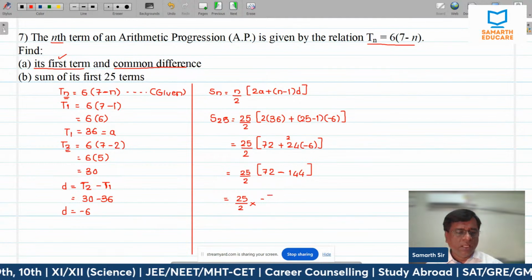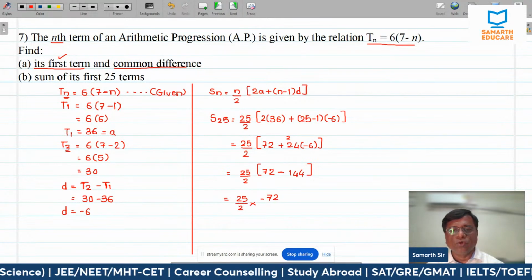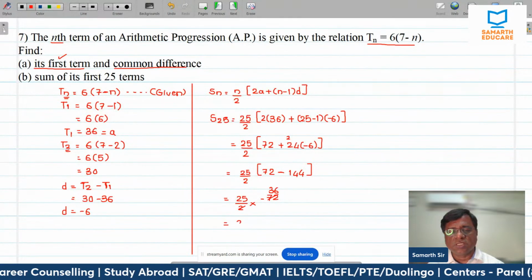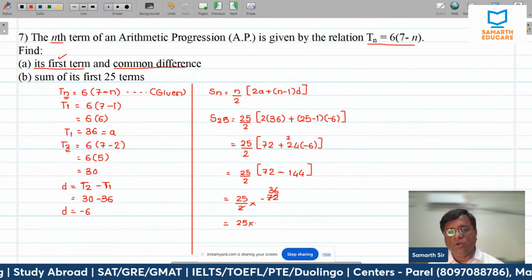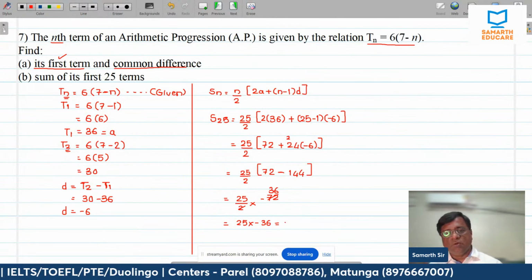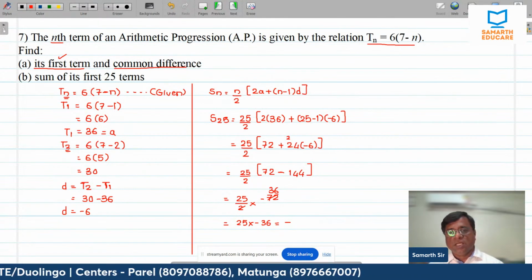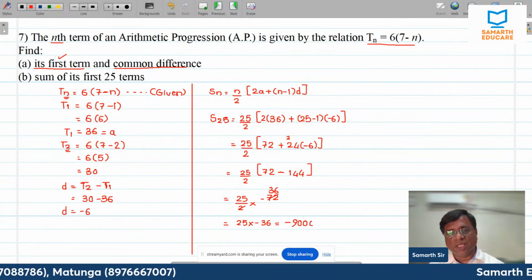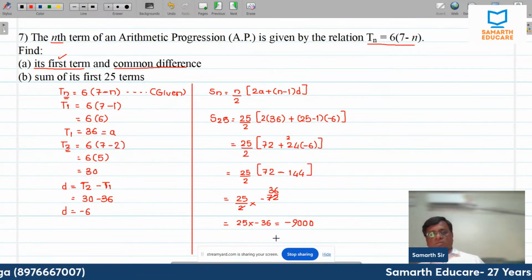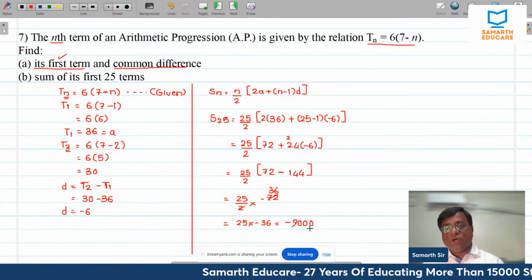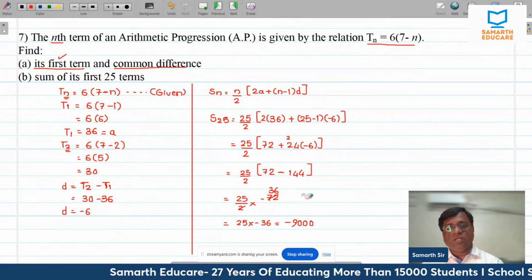This is minus 72. This is 36, 25 into 36 into minus 36, and this will be equal to minus 900. I'm so sorry, not 9,000, it will be 900.